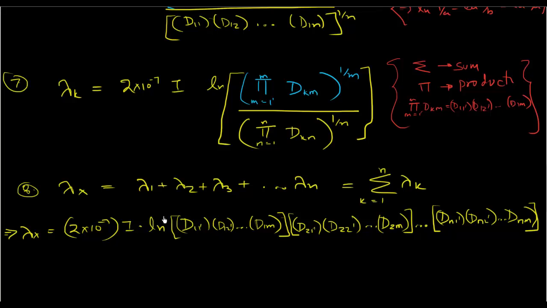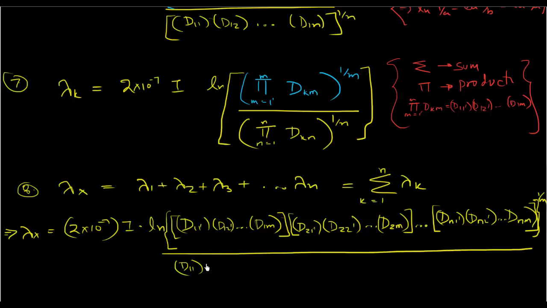All of this is raised to the power 1 by m, divided by, and the denominator is going to be again very similar, just the distances within conductor X itself.